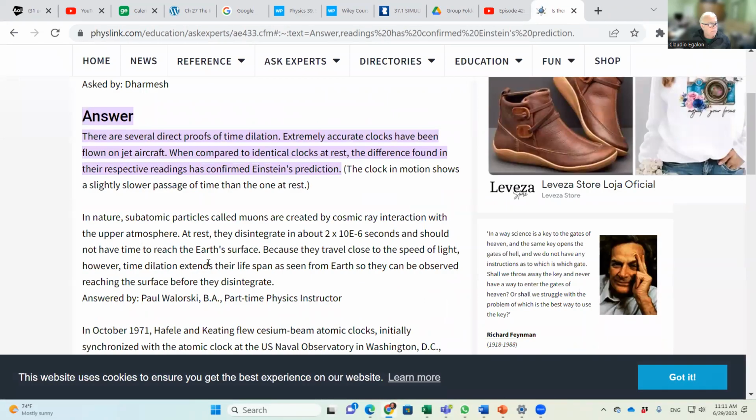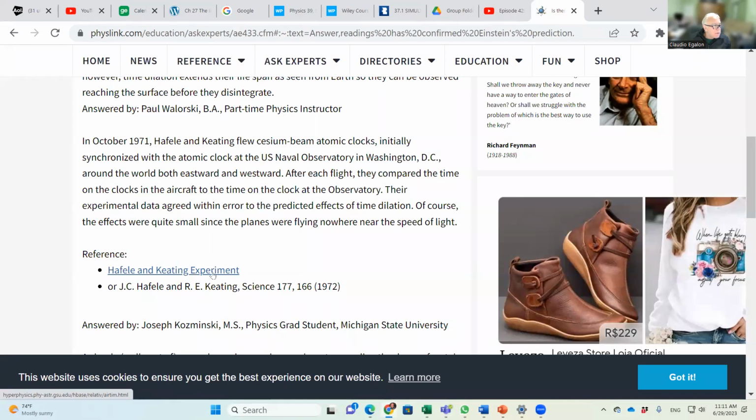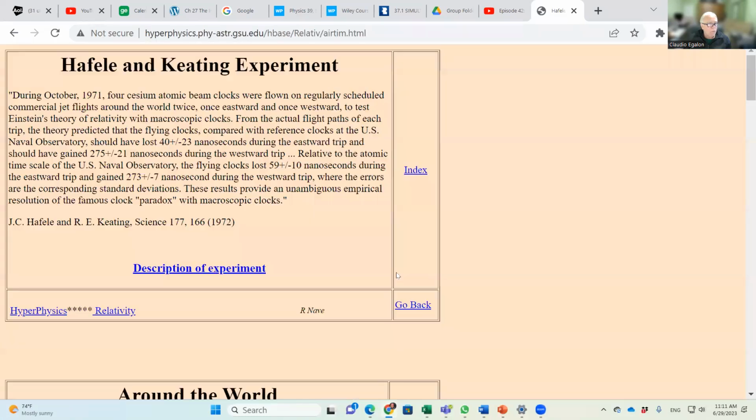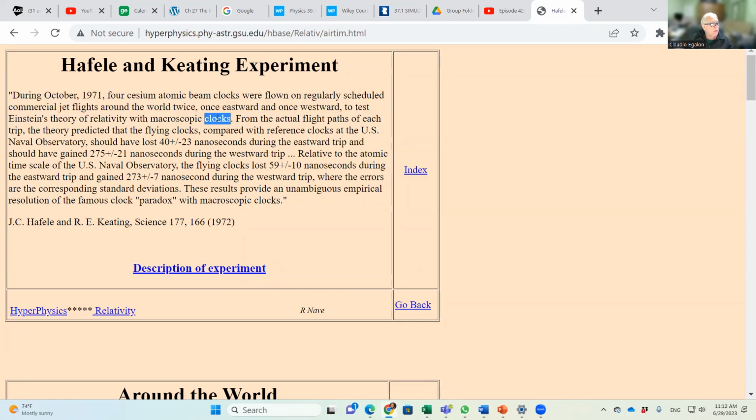I want to see the actual paper. During October 1971, 4 cesium atomic beam clocks were flown on regularly scheduled commercial jet flights around the world twice, once eastward and once westward, to test Einstein's theory of relativity with macroscopic clocks.